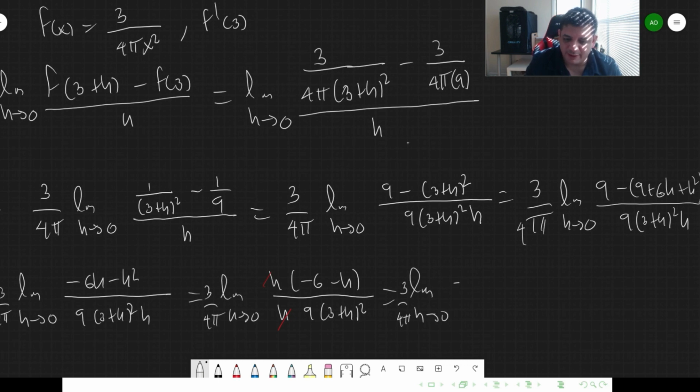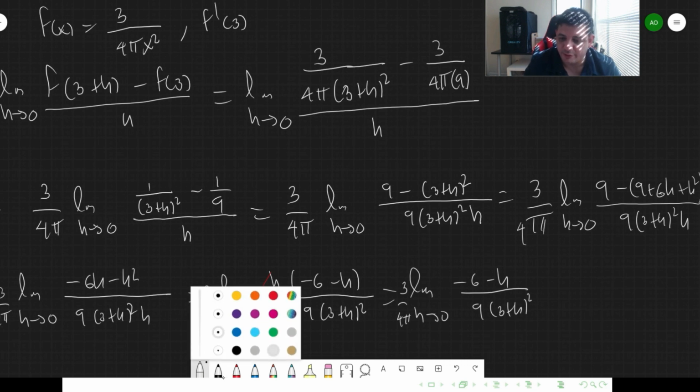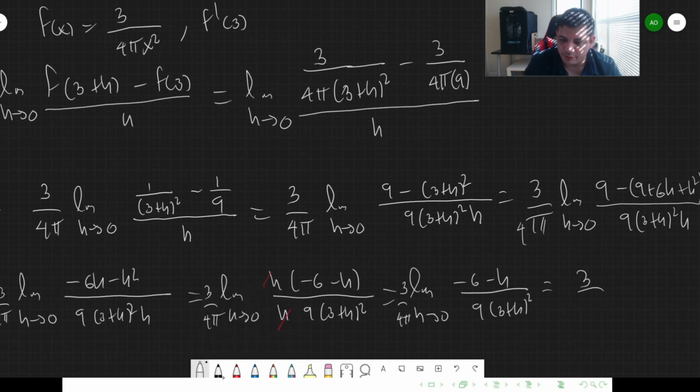We get that this is going to be minus 6 minus h over 9 times (3 plus h) squared. We're going to plug in h equals 0. And so this is going to be 3 over 4 pi times minus 6 over, and then here below, this is going to become a 9 as well, and with this 9 is going to be 81.